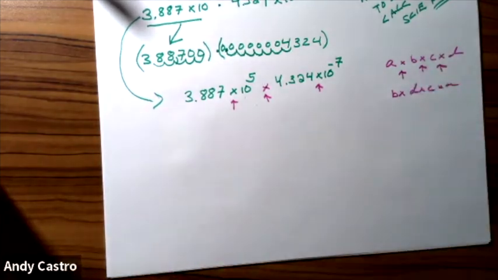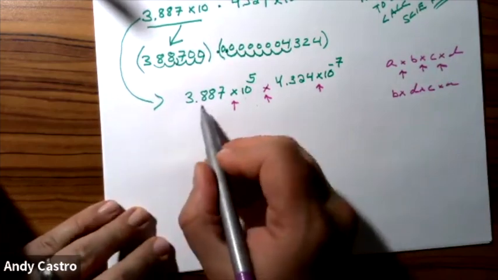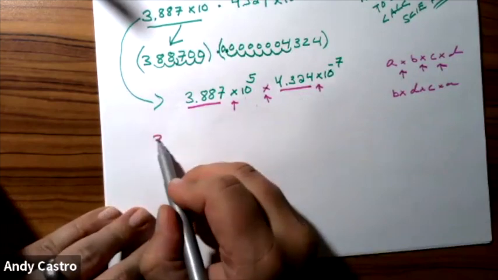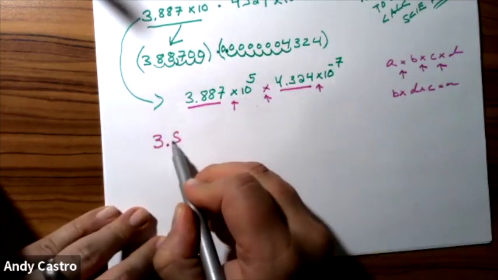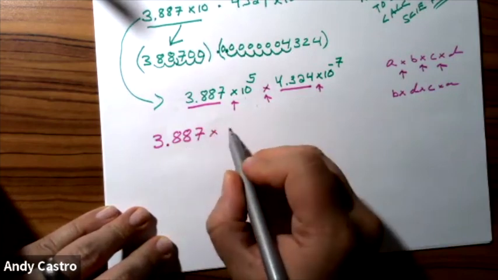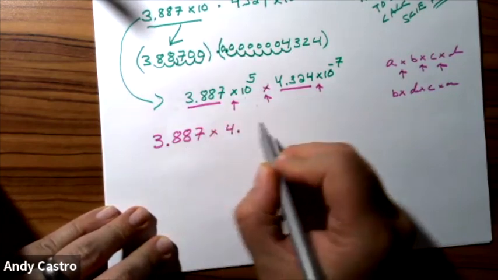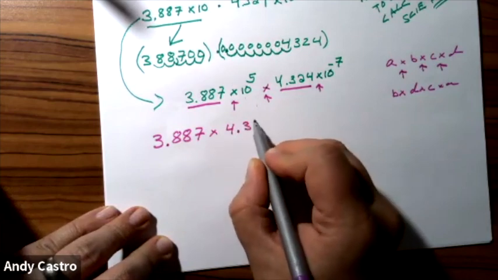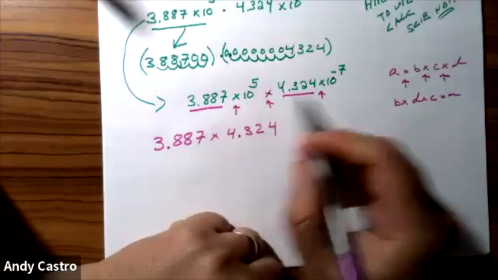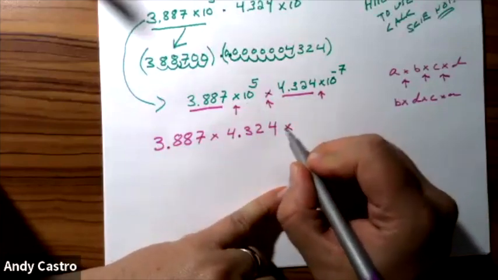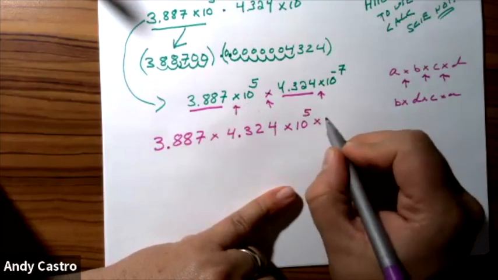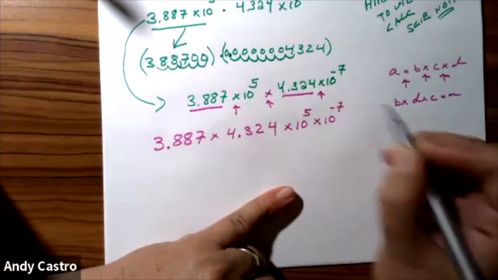So what I'm going to do is put these two numbers together first: 3.887 times 4.324. Then I'm going to put the two tens together: 10 to the 5th times 10 to the negative 7th.